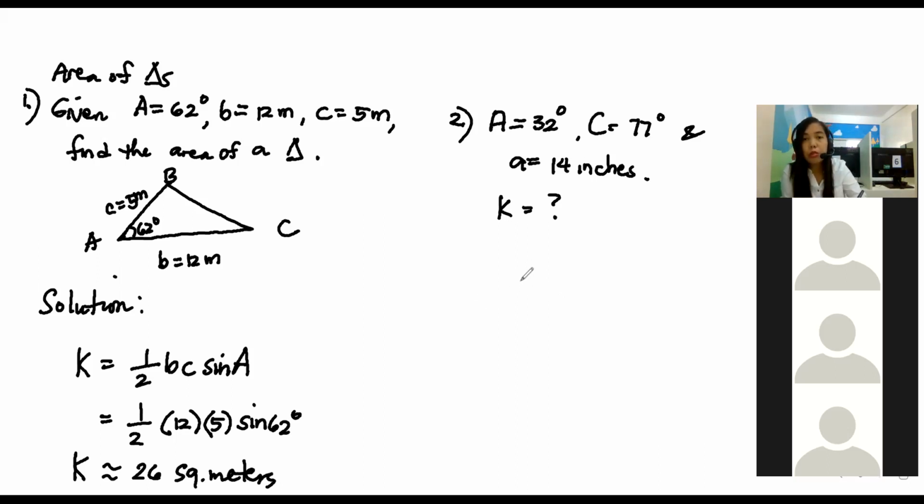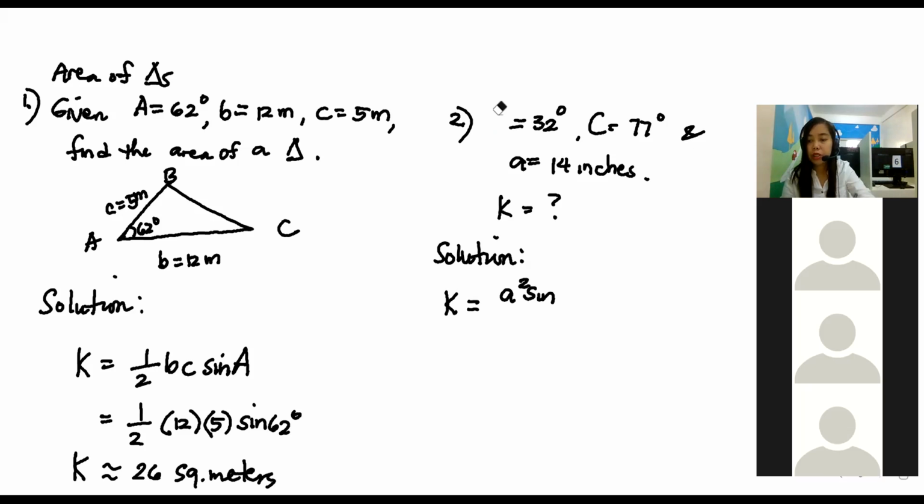Okay, so we're going to use, plus i-check nyo na lang dun sa module, kaso hindi ko pa na-upload sa Google Classroom. We're going to use yung pangalawa, and given ay dalawang angle. So we will have K equals A squared. This is sine, sorry, this is sine B plus.